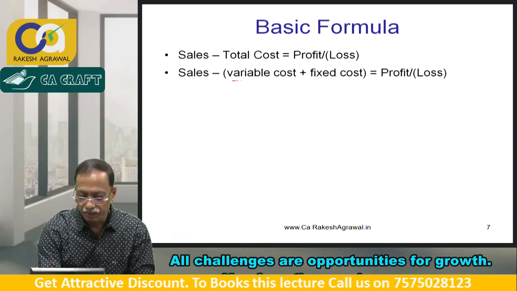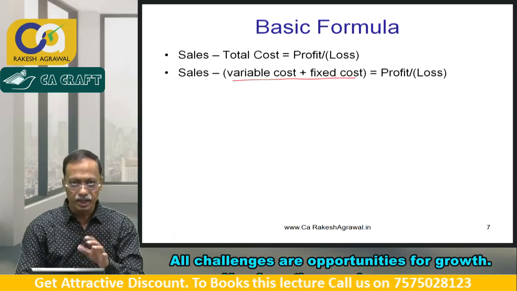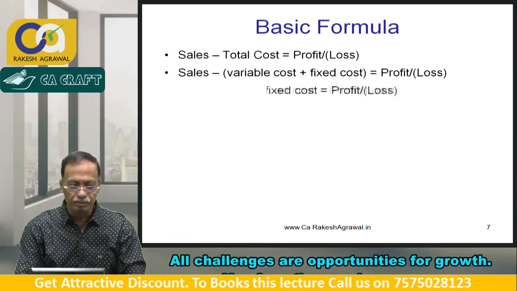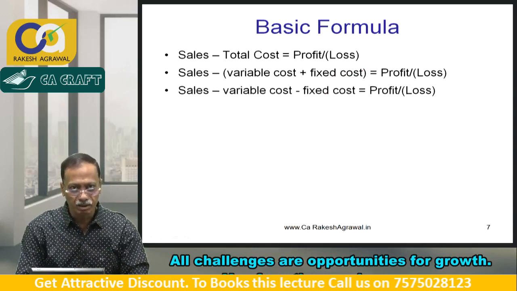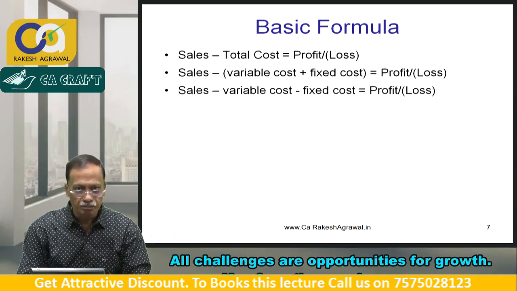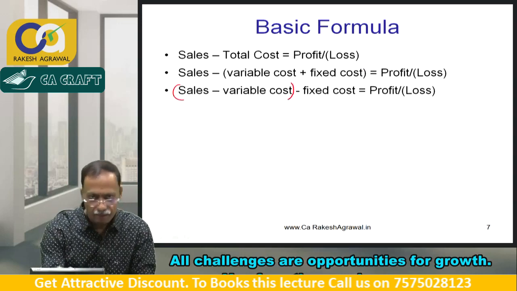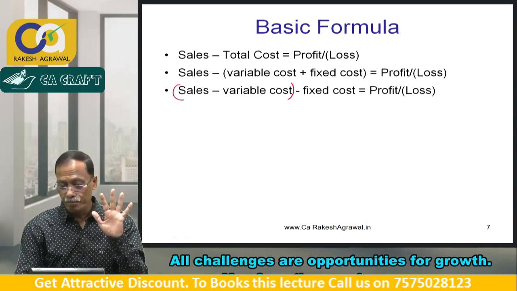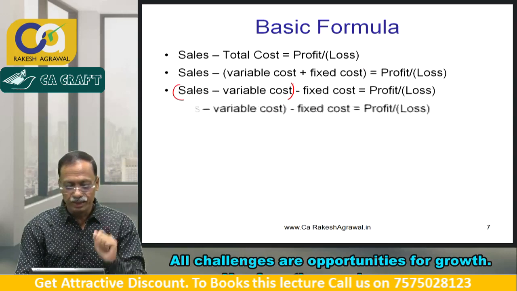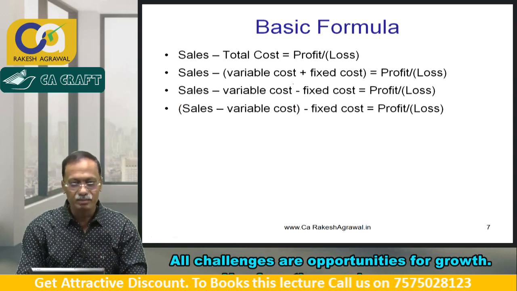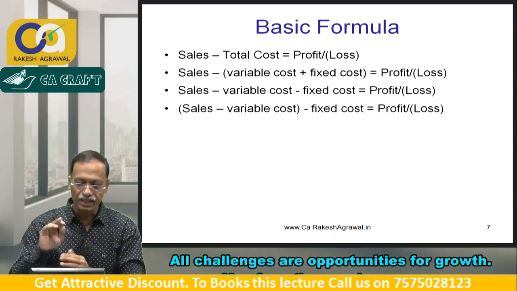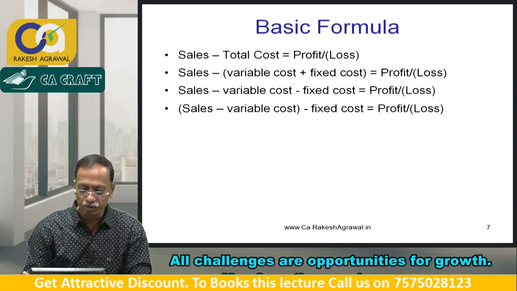It will become sales minus variable cost minus fixed cost equal to profit or loss. Any problem mathematically? If I put this in the bracket, it will look like this: sales minus variable cost, in the bracket, minus fixed cost is equal to profit or loss.